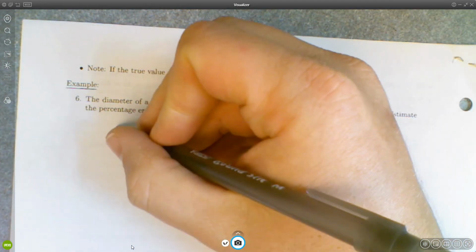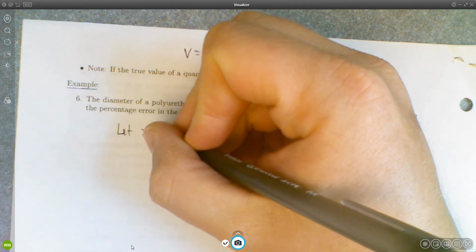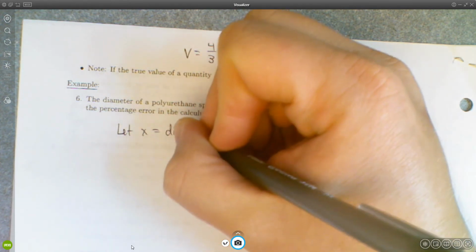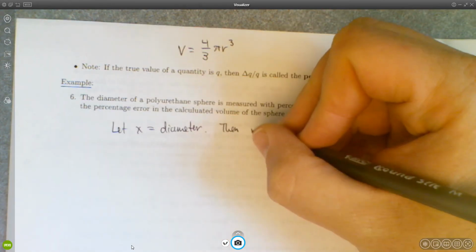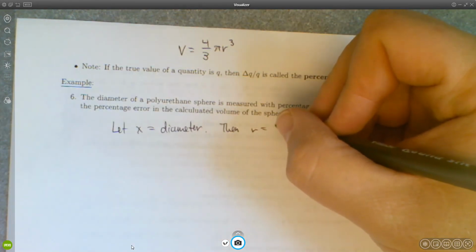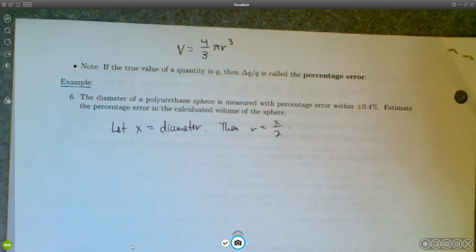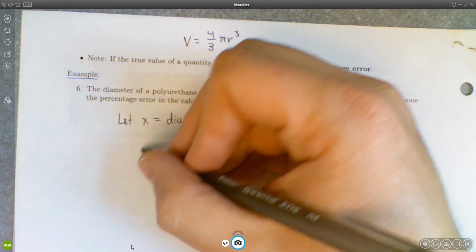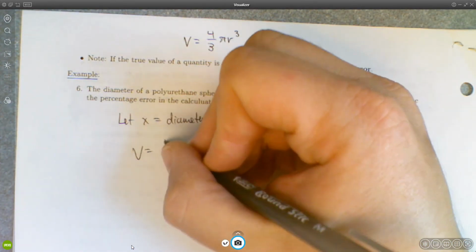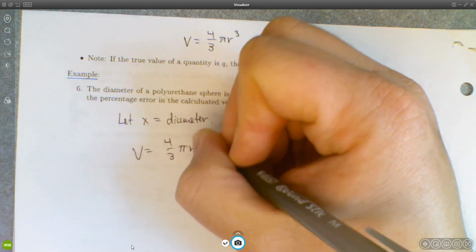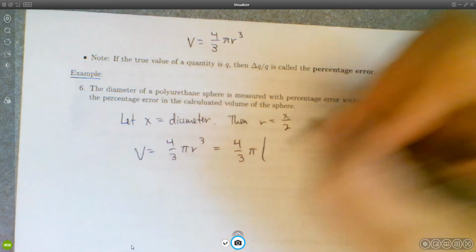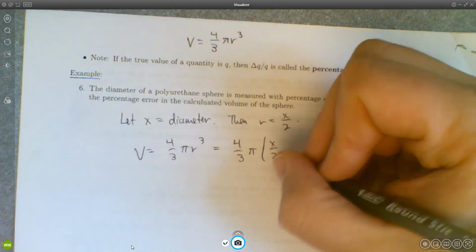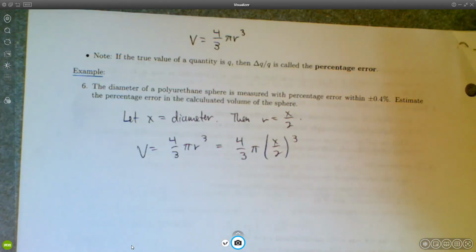We can say let x be the diameter, then the radius is x divided by 2, right? And so in our formula, V equals 4/3 pi r cubed, that's equal to 4/3 pi times x over 2 cubed.